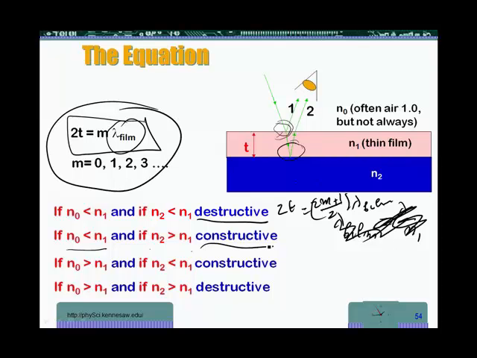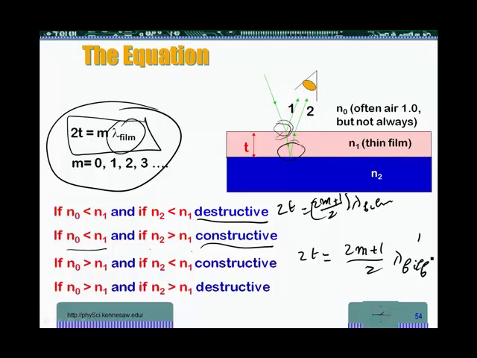To get destructive interference, we are going to use this equation. Twice t is equal to m plus 1 over 2 times lambda in the film.